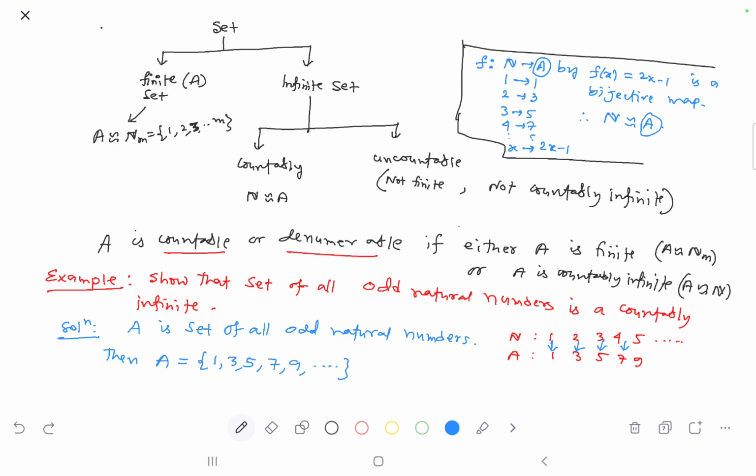Got it? Now one more question. Let me tell you: the set of all integers is countably infinite. So how do we do this? We have the set 1, 2, 3, 4, 5, 6, 7, 8, and so on.